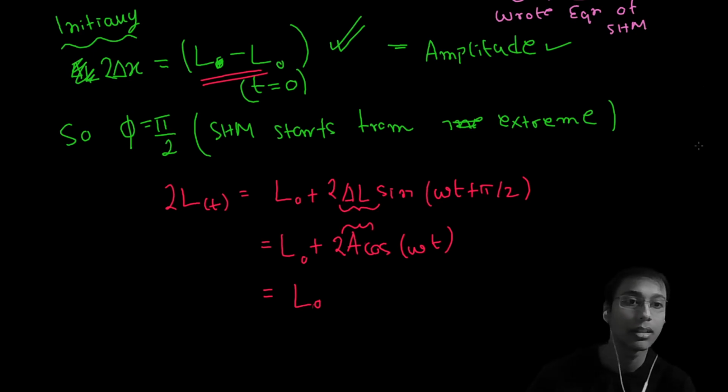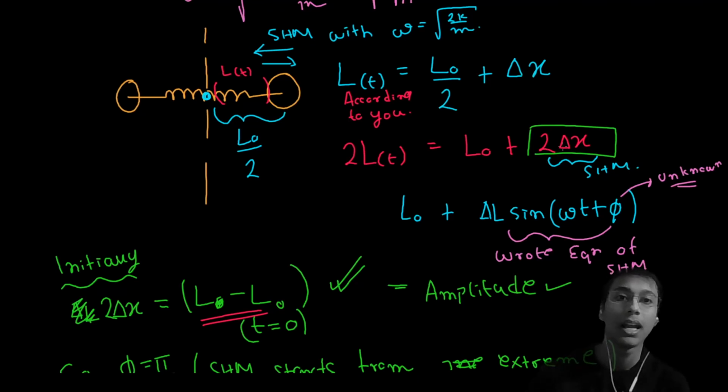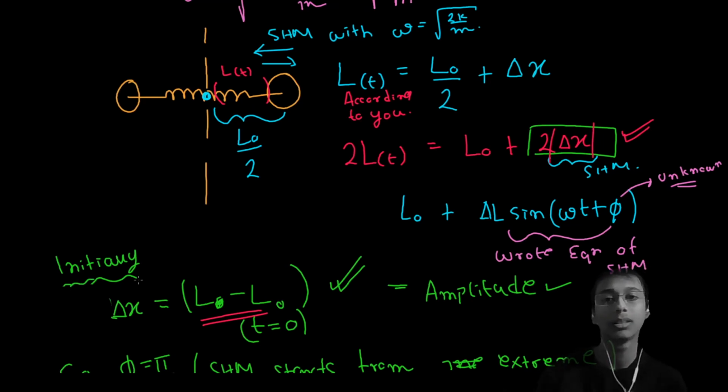Because, let me scroll up. I wrote here it was 2 delta x, and delta x is the SHM part. Here the delta x is coming from the SHM. So this would be delta x instead of 2 delta x. Those of you who were confused because I wrote delta x multiplied by 2, they were actually correct. It would be just delta x.